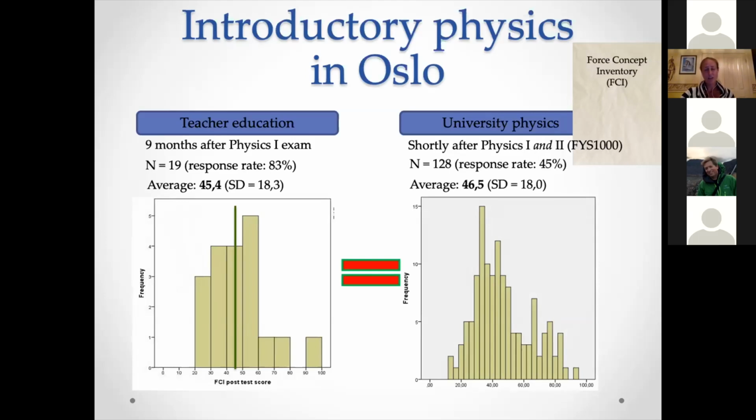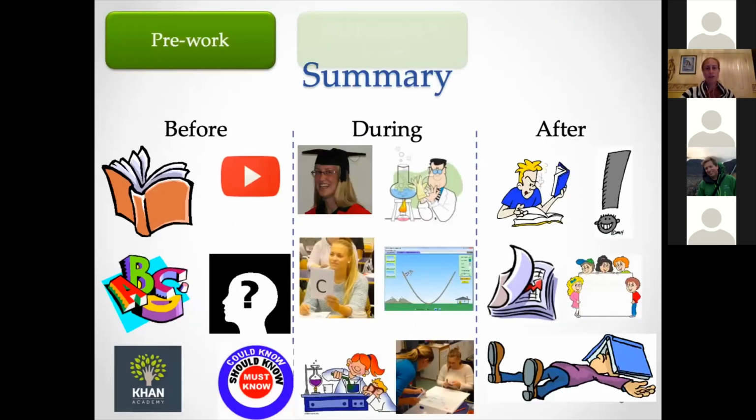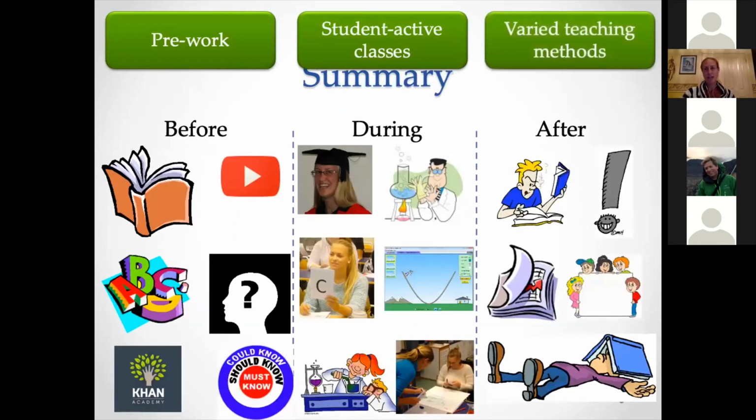And when they had covered the same amount of physics, they did better. So all in all, pre-work, student active classes, and varied teaching methods were all very well liked, and certainly a teaching method that I have continued with since I started. So thank you.